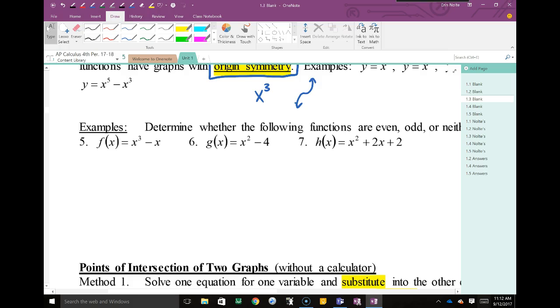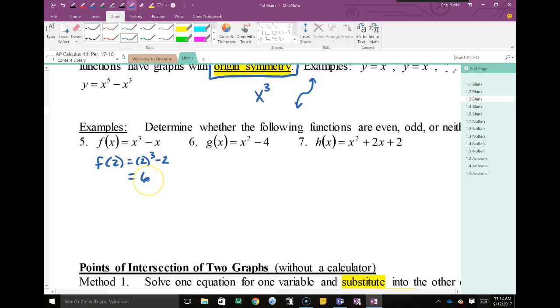What does this function look like? Okay, this is a John Travolta, so we know that it's not an even function for sure. Is it an odd? How do I test for symmetry over the origin? Plug in a number. 2. So 2 to the third minus 2 would be 8 minus 2.